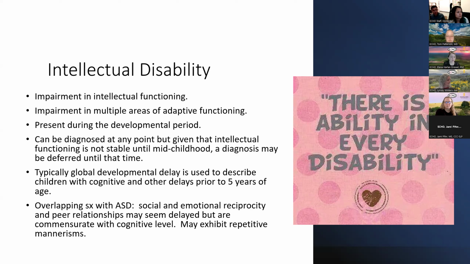So overlapping symptoms with autism include social and emotional reciprocity and peer relationships seeming delayed, but they are usually commensurate with cognitive level, and the child might also display some repetitive mannerisms. Next slide.